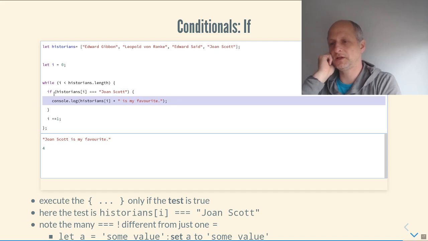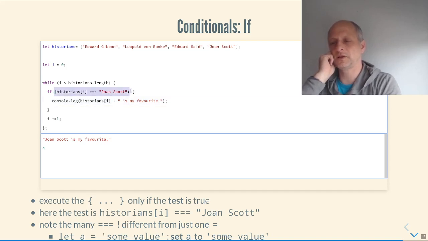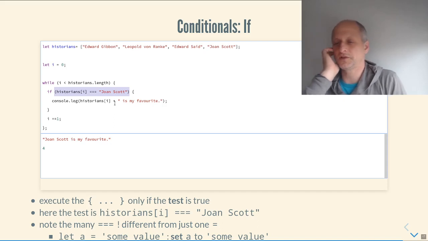And so what we're asking here is, historians sub i, the ith element of historians, equal to Joan Scott? The first 3 times we go through it, it's not, and so we skip this instruction. The last time it is, and so we perform the instruction. And so we only get 1 line of output from this code, which is Joan Scott is my favorite.